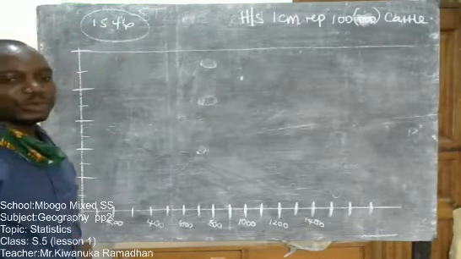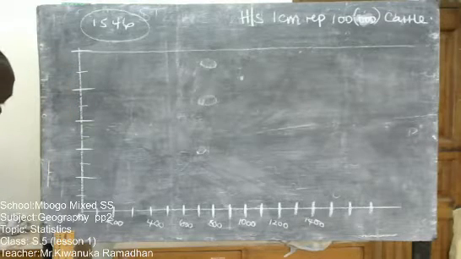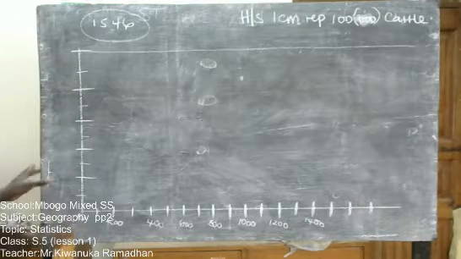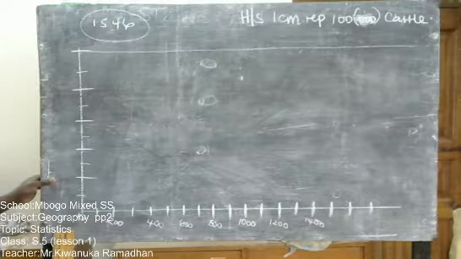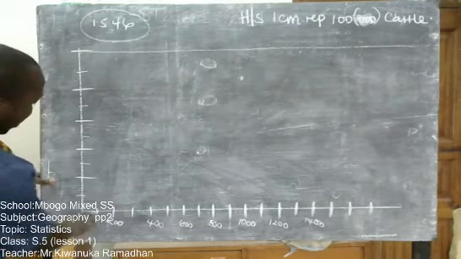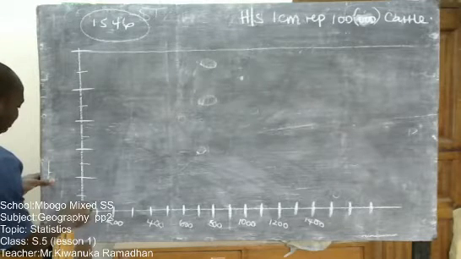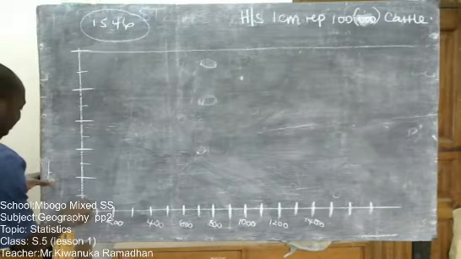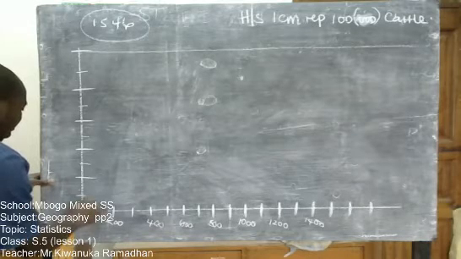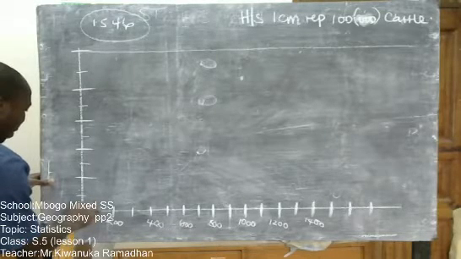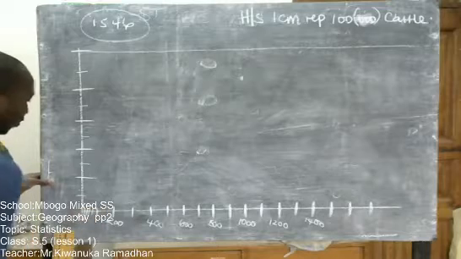We are going to ask ourselves a question: if in the 1 centimeter we have 100,000 cattle, this 1 centimeter has 5 small divisions. 1, 2, 3, 4, and 5.